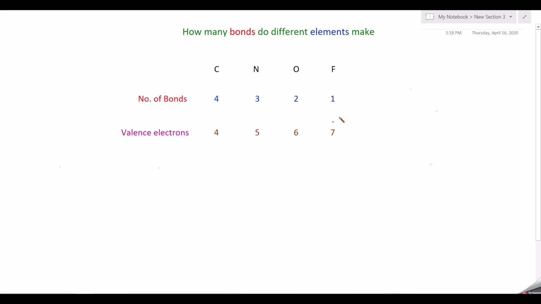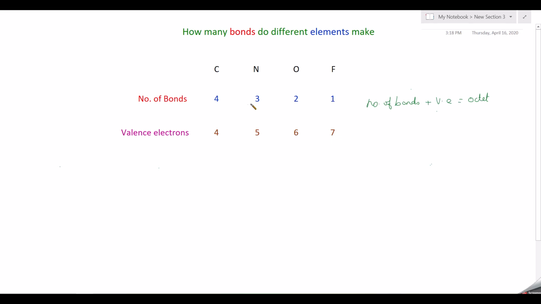So you are getting two pieces of information from this. One is when you add the number of bonds with the valence electrons, that will be equal to 8, that is you are getting an octet. So carbon 4 plus 4, 8; nitrogen 3 plus 5, 8; similarly in the case of fluorine 1 plus 7, 8.